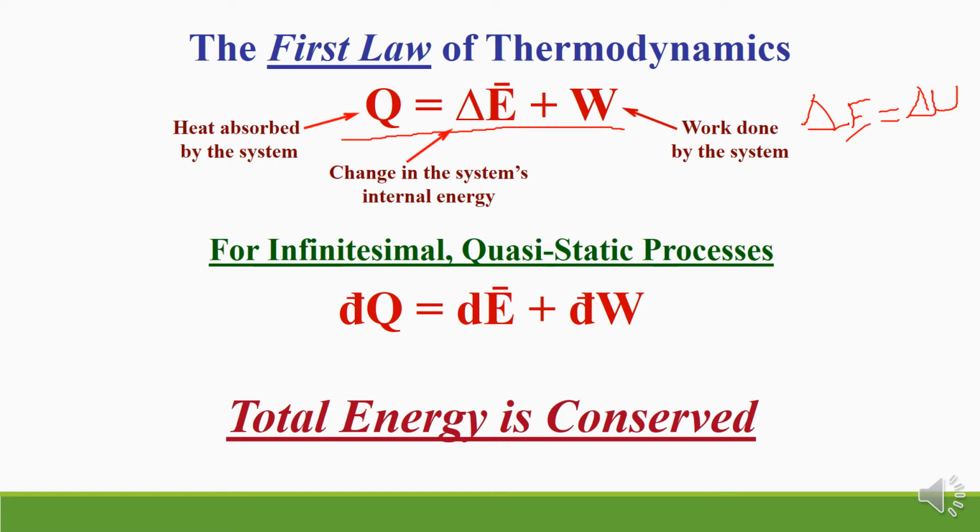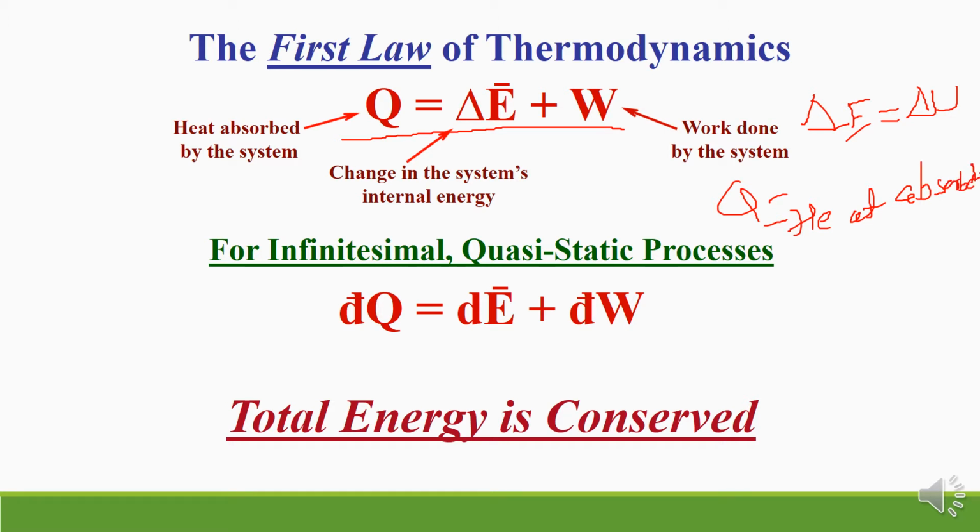That means when heat is absorbed, you will find there is a change in internal energy, and you will get some work done also by this system. Here Q is the heat absorbed by the system.